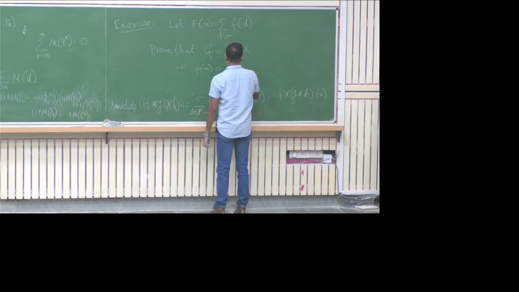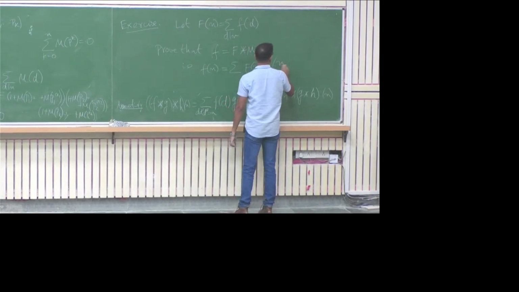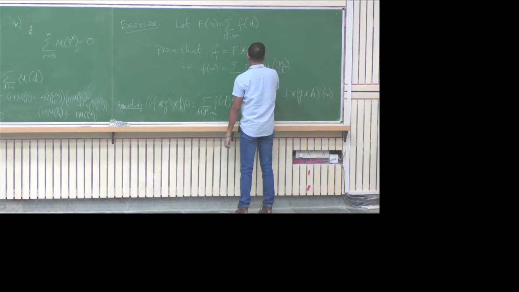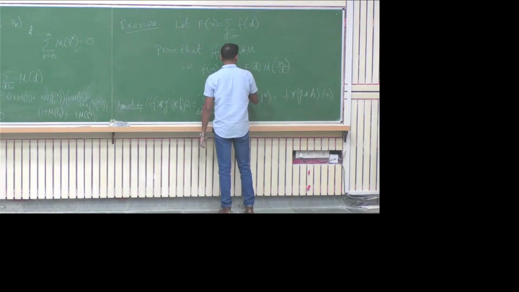The summation of f of n times mu of f of d times mu of n by d.